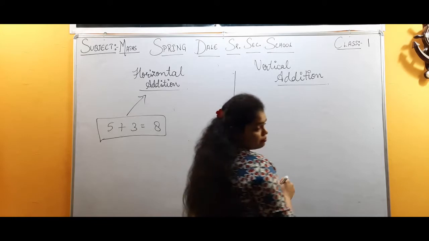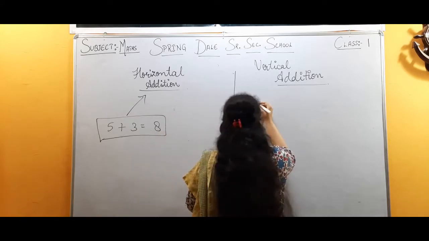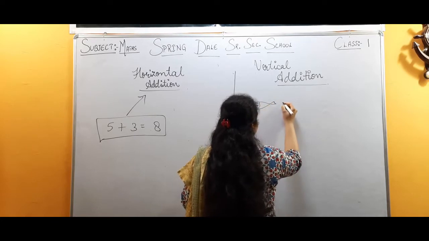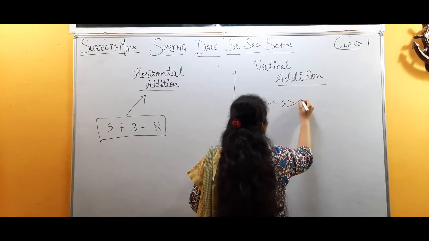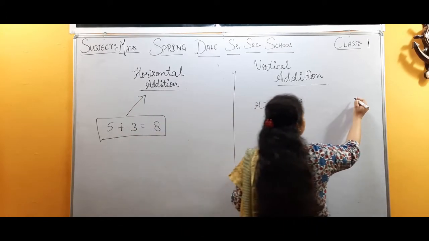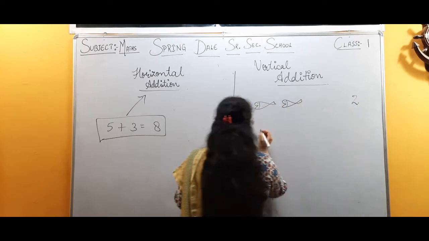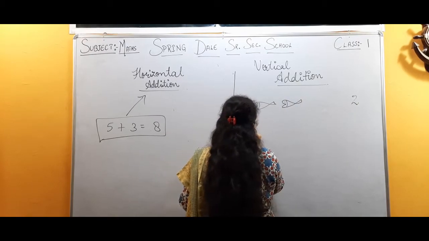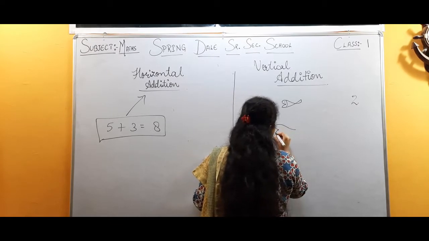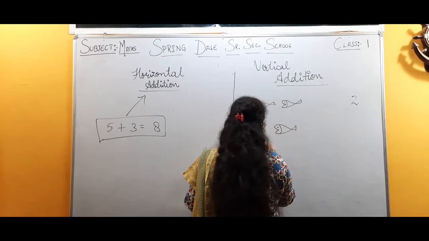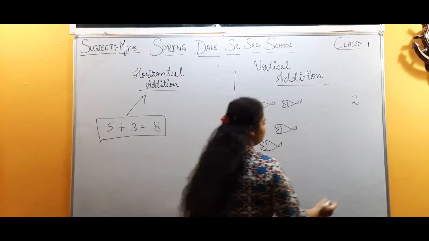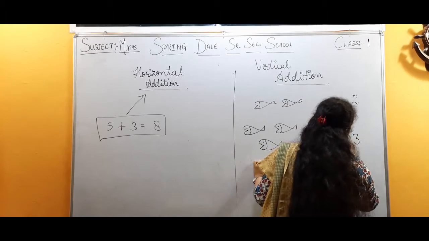Taking the next example, the vertical addition. Here we have 2 fishes, so we will write the number 2. In the next we have 3 fishes, so we will write the number 3.